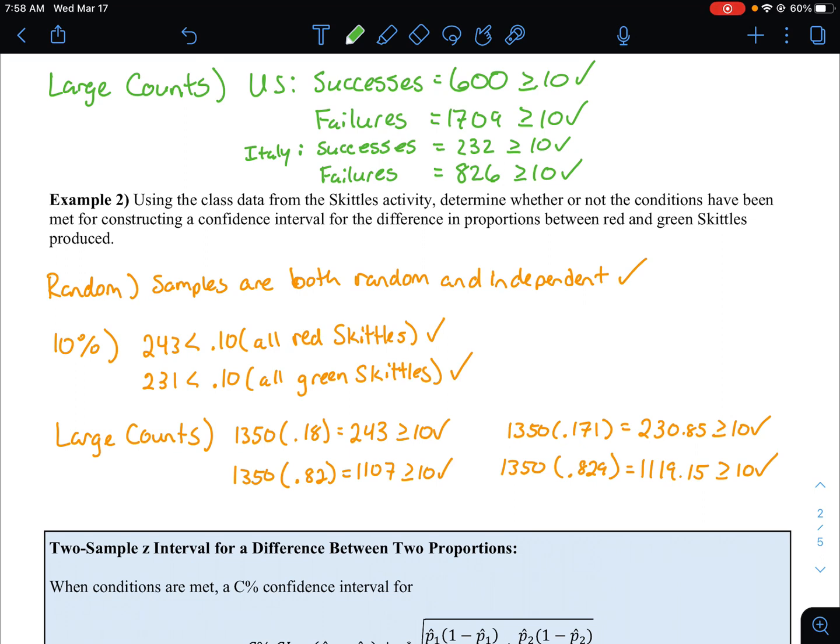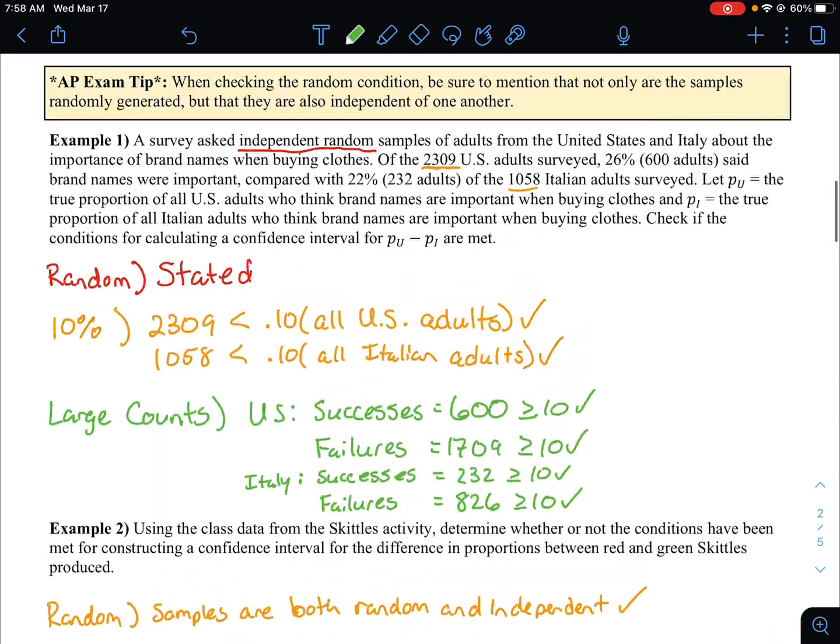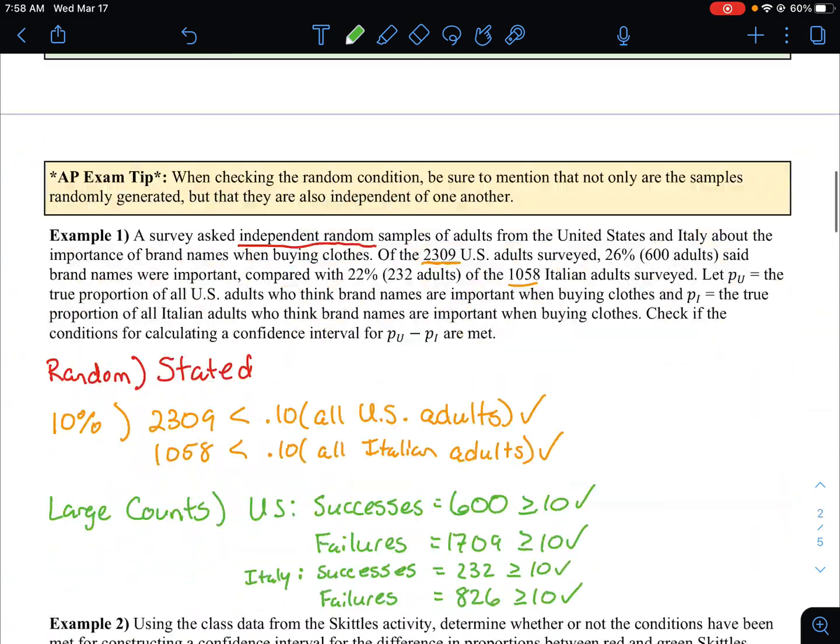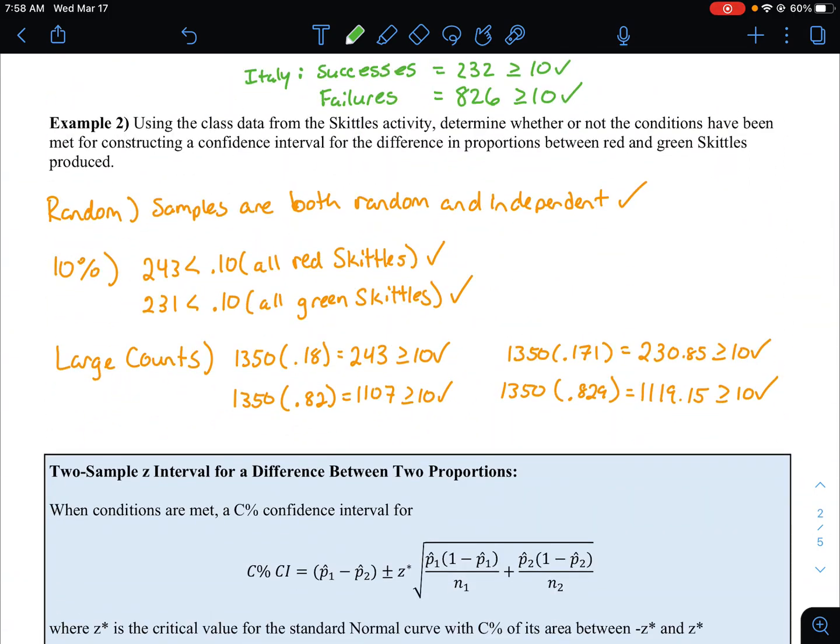Large counts conditions, okay, we had 243 successes, which meant we had 1107 failures, and we could have just said 231 successes compared to the 1,119 failures, okay? Either way, all 3 conditions are met. Again, stressing random and independent up here.